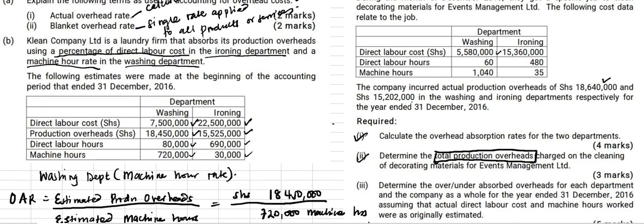So this is Roman 2. Let's see how we can do that. We want to get the total production overheads.